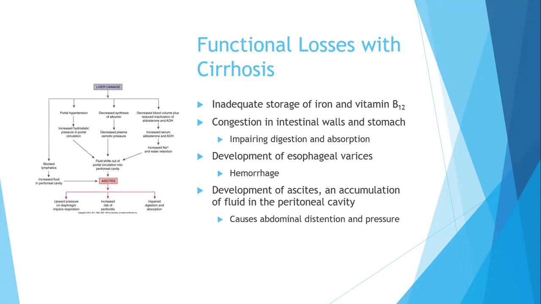Eventually, you develop ascites, which is an accumulation of fluid in the peritoneal cavity, and it causes abdominal distension and pressure. So, when you're working with someone in the hospital who's at this stage, end-stage cirrhosis, you might not be able to put a gait belt on them because of the abdominal distension, and it's uncomfortable.